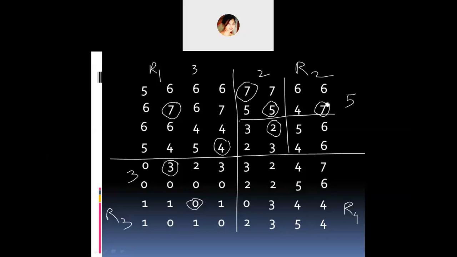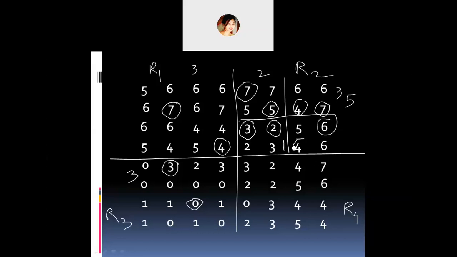Now again 7 maximum, 4 is minimum, so 7 minus 4 is 3. Yes, this is satisfying the condition again. Again, the maximum is 3 and the minimum is 2, so 1. So this is also satisfying the condition.